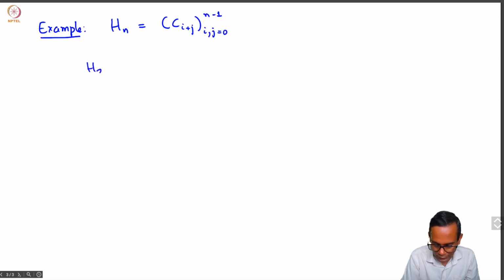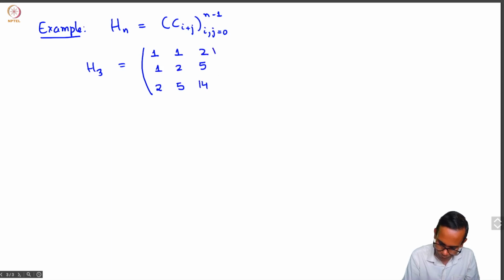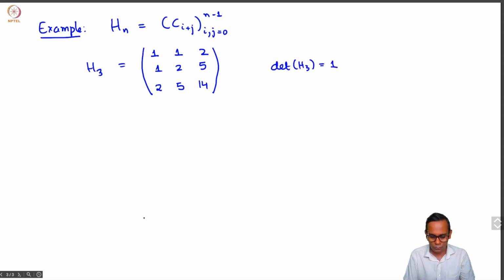So for example, H3 is the Hankel matrix of Catalan numbers C0, C1, C2, C1, C2, C3, C2, C3, C4. And you can check that the determinant of H3 is equal to 1. And it turns out that the determinant of Hn is equal to 1 for all n.